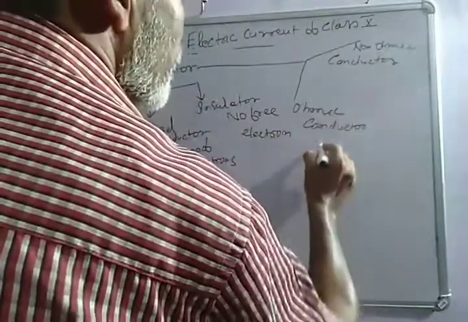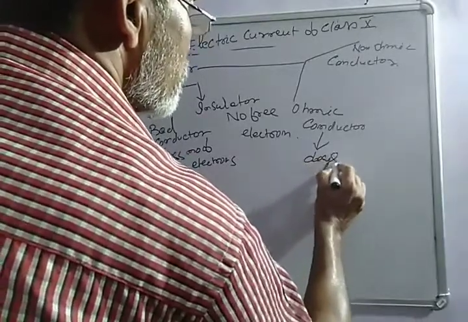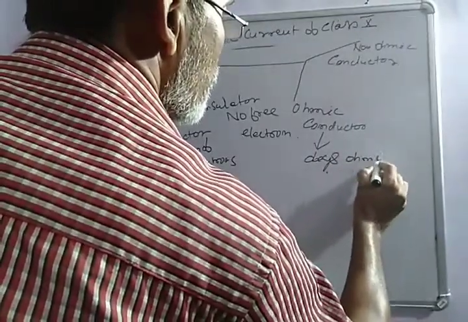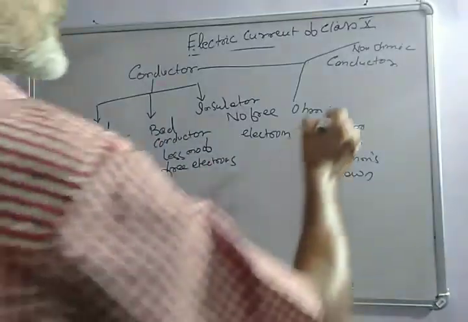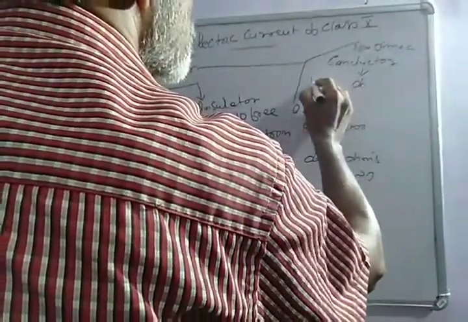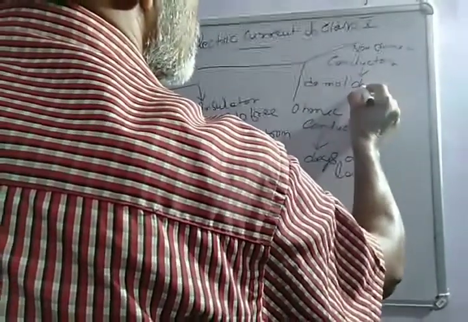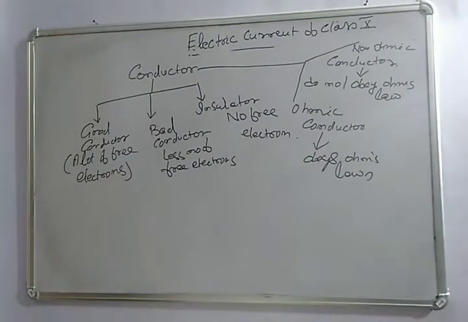Ohmic conductors are those which obey Ohm's law, but non-ohmic conductors are those which do not obey Ohm's law. These are all about the flow of current and Ohm's law for conductors.